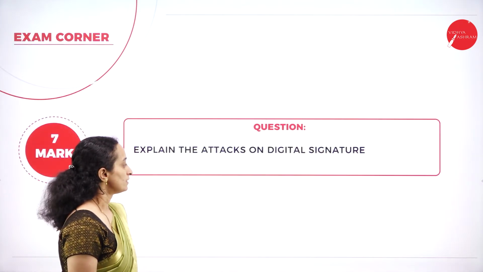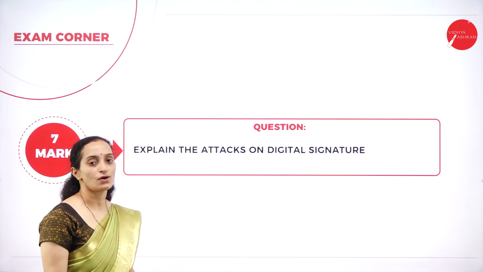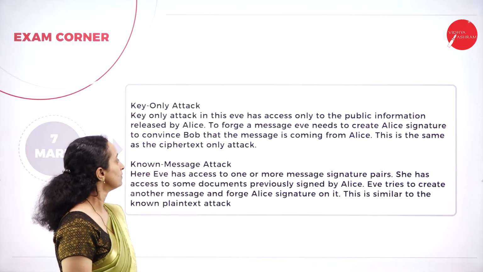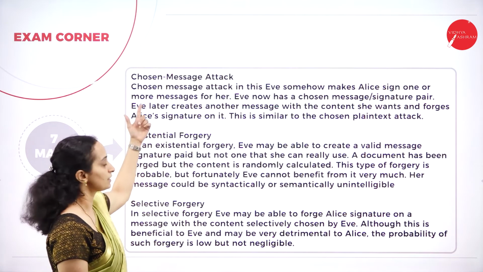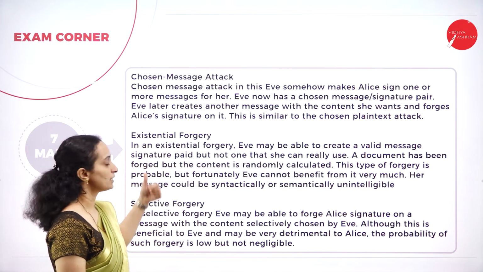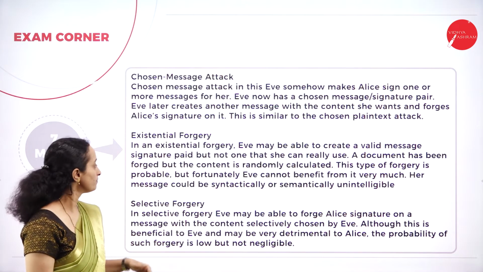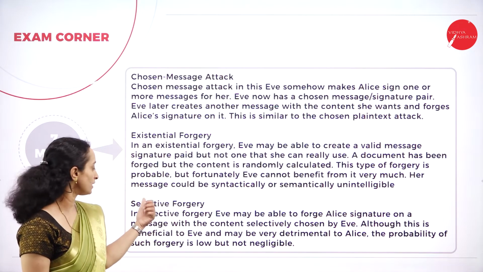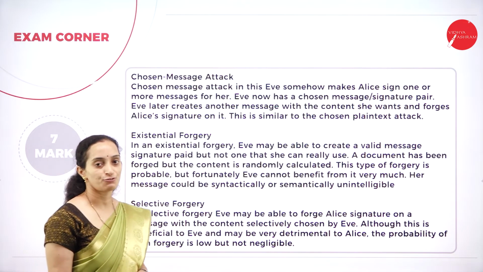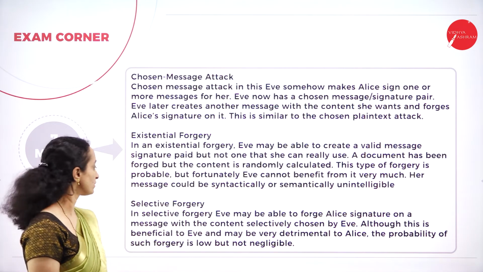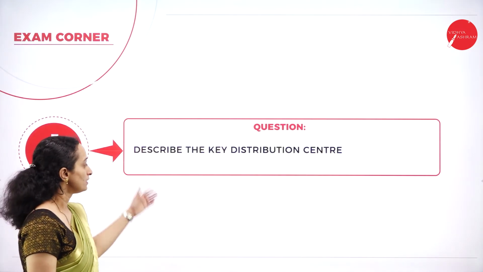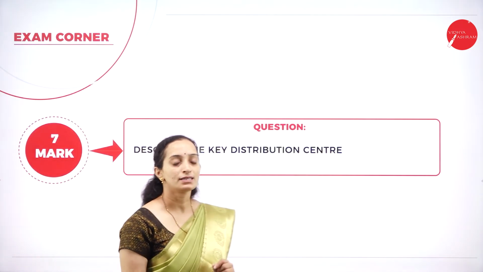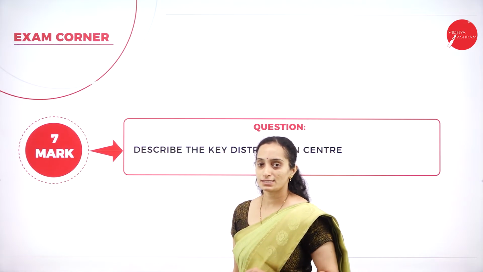Okay. The next question is attacks on digital signature. So you have key-only attack, known message attack, chosen message attack, existential forgery, and selective forgery. Write the explanation about this for 7 or 8 marks. Okay. Next is describe the key distribution center.